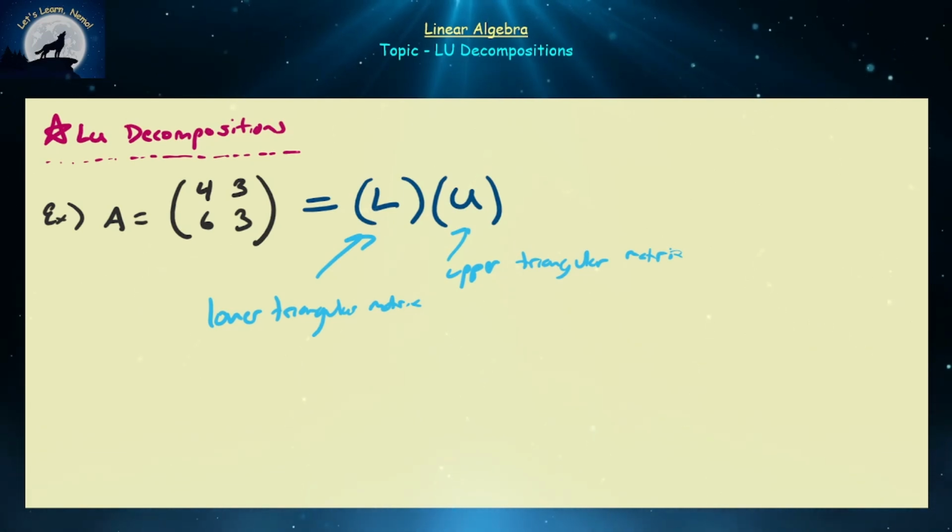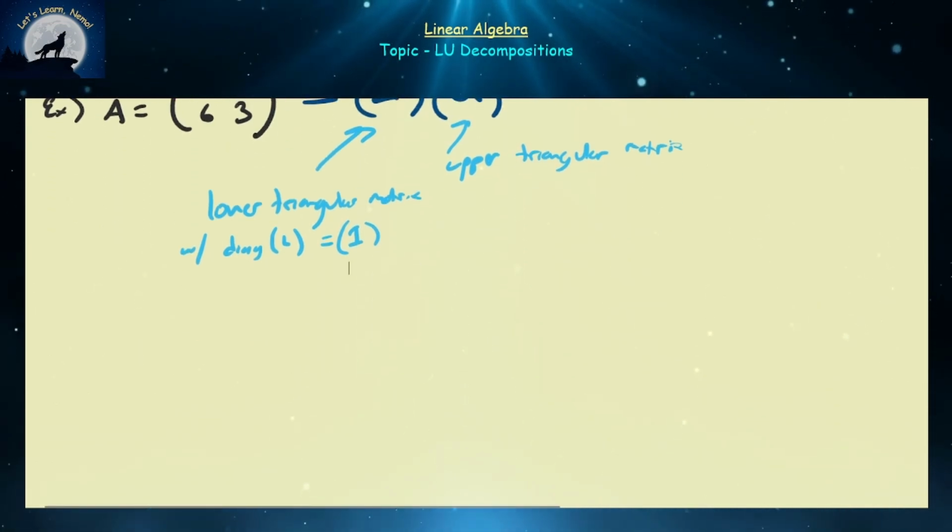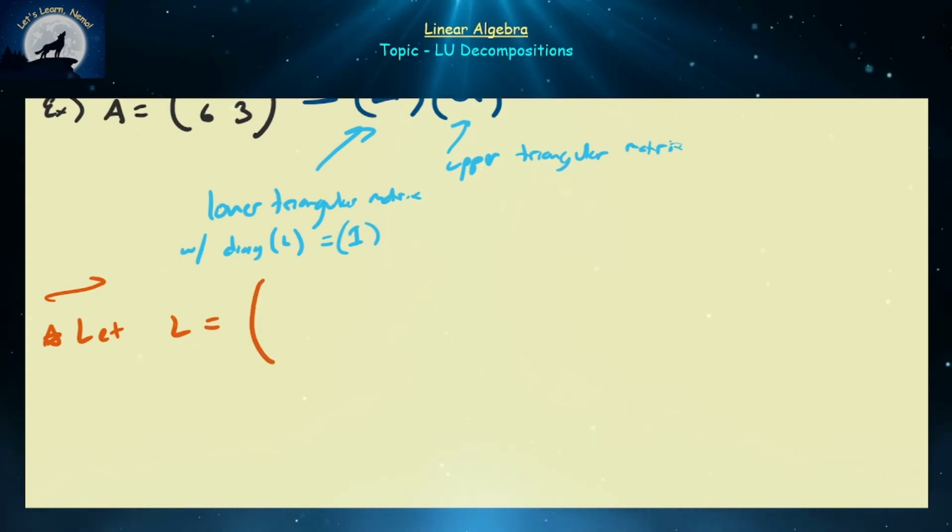Most of the time people will also require that the diagonal entries of L are always equal to 1, so 1 all along the diagonal of L. So what is that going to look like? We're going to let L be the matrix 1, 0, L2,1, and 1.